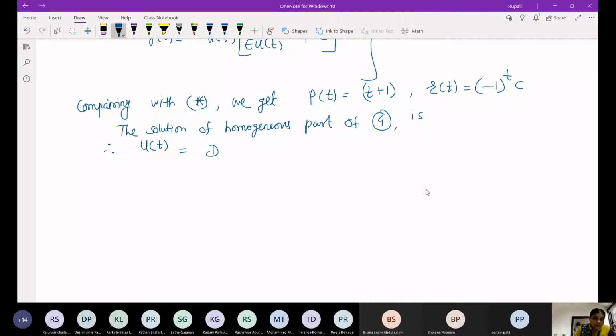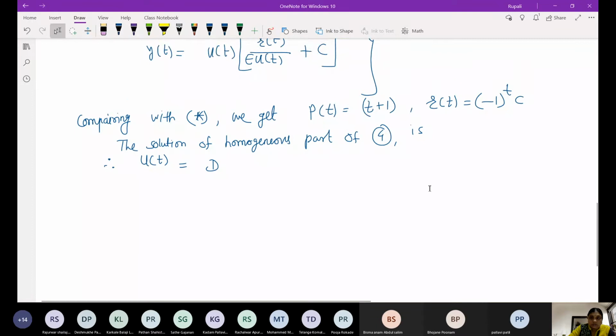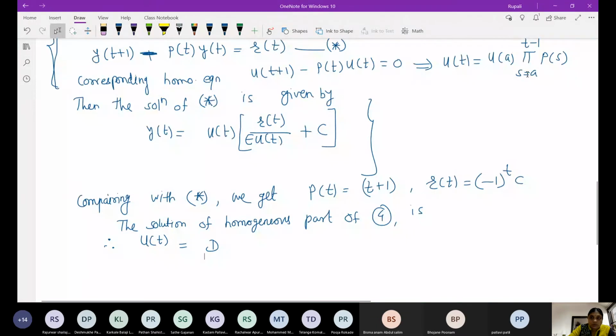Some constant times the product, s equal to t, s equal to a to t minus 1 of P of s. So what is here? T plus 1. So it will be the product t, t minus 1, t minus 2 up to 1, which is t factorial, or I can write it as gamma t plus 1. Can I write like this?